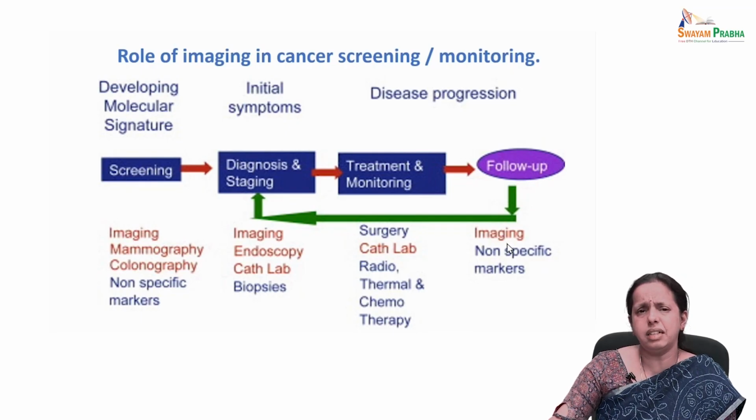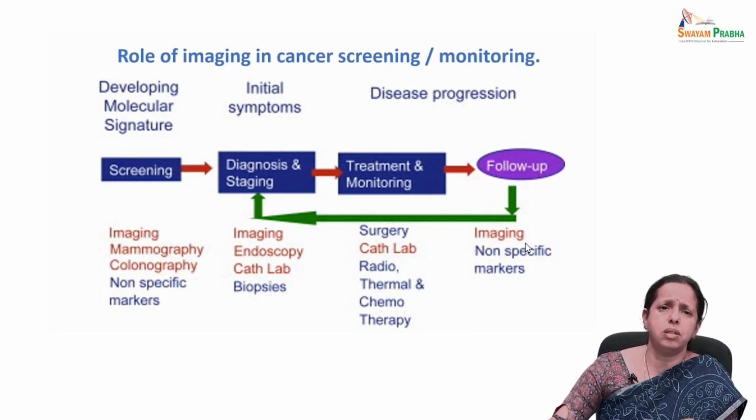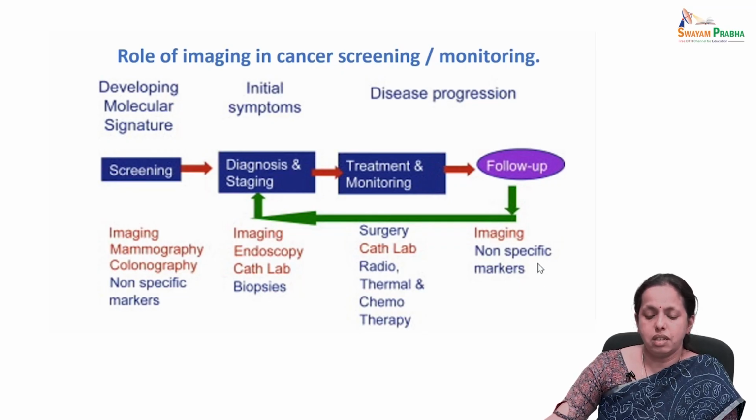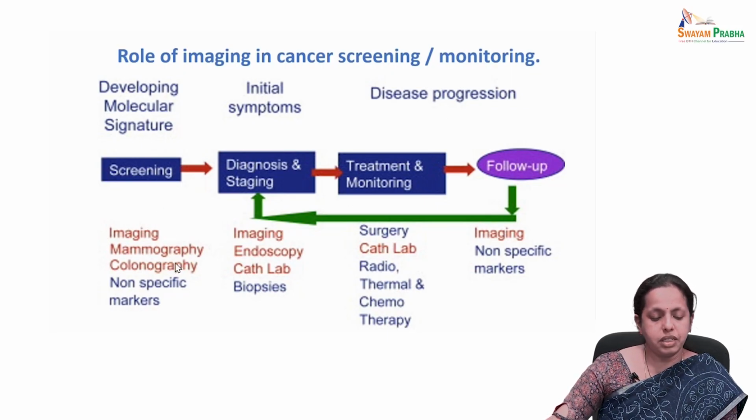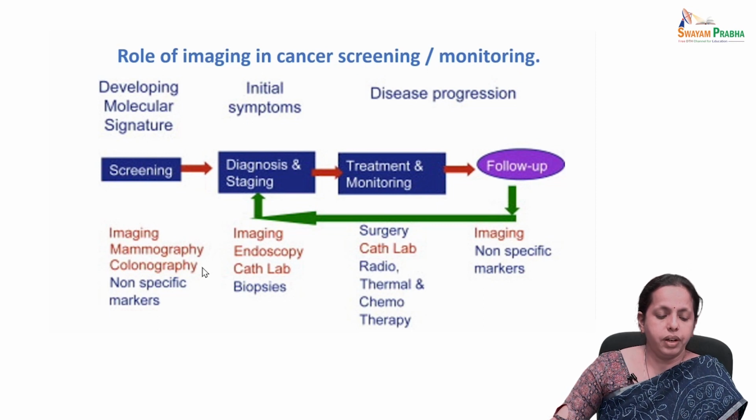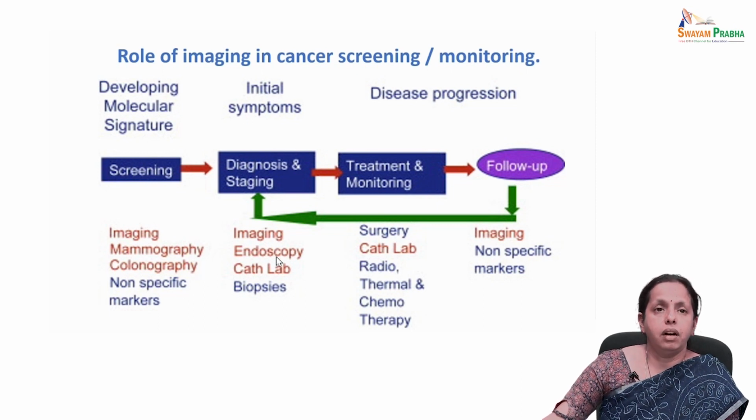The one thing is that the majority of the imaging uses sometimes non-specific markers. For example, your PET CT. Then you even have your mammography, the colonography, the endoscopy, the cath labs.